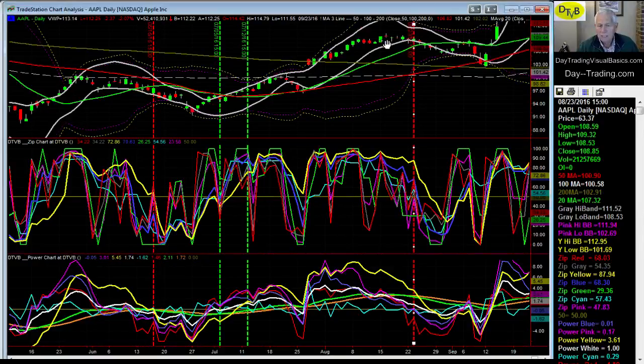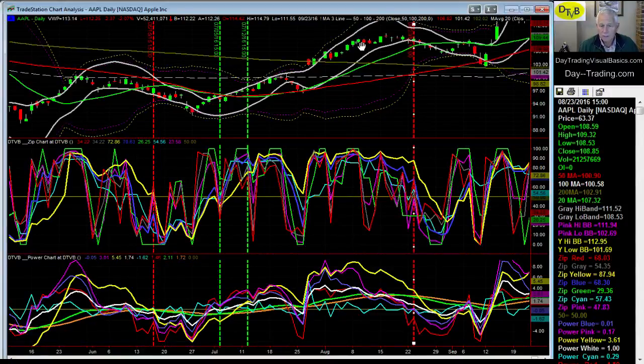There's been a lot of congestion in this, and in fact way before the two yellows became highest. But after this red line, you can see how significant and how steep the zip yellow line drops. And as well, the power yellow finally drops under the power green and orange and is heading down under zero.